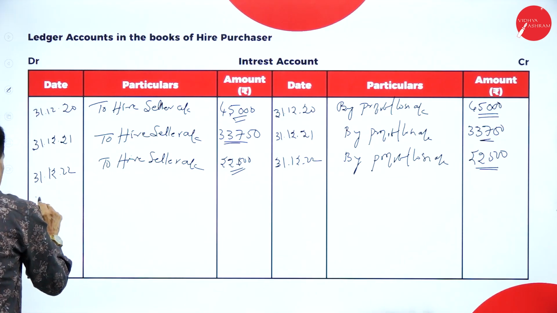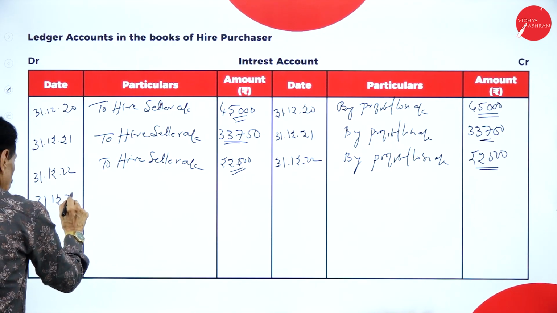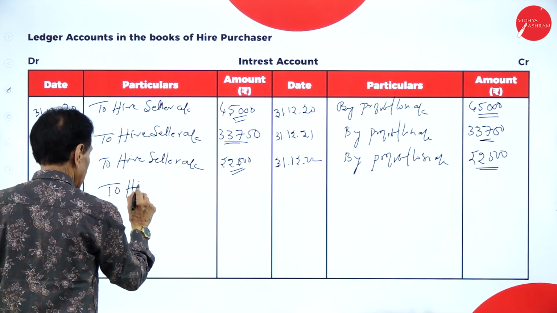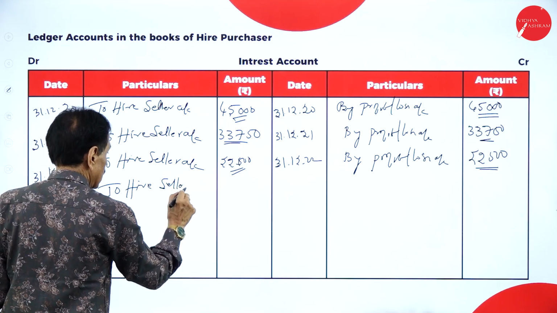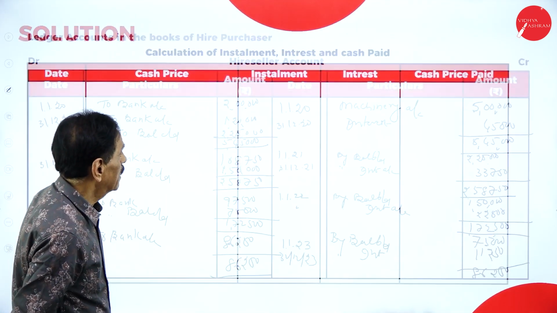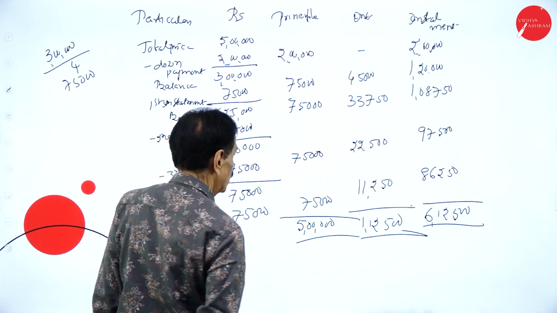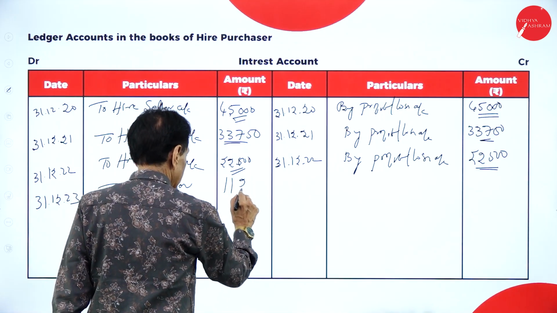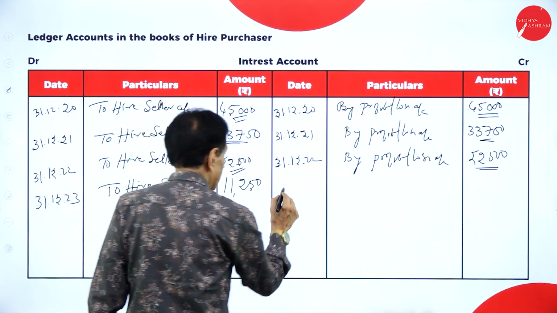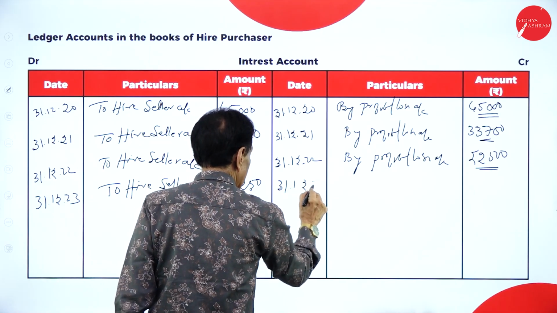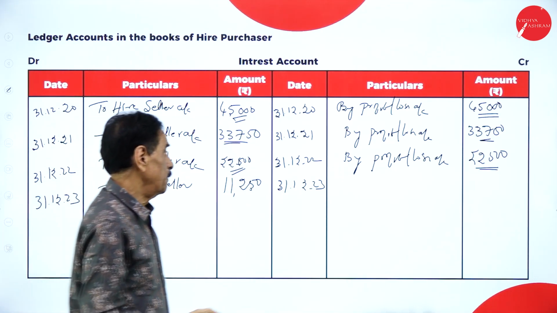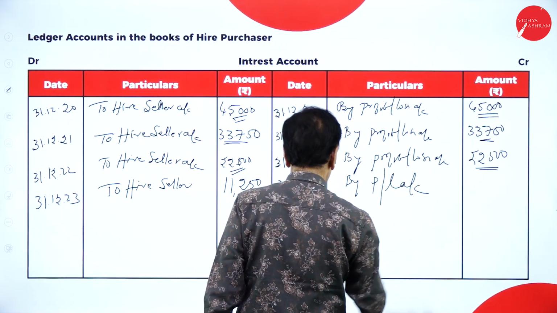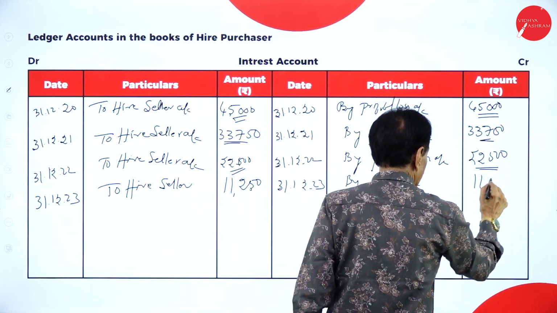Then 31st December 23, to hire seller, last year, 11,250. 31st December 23, by profit and loss, 11,250.